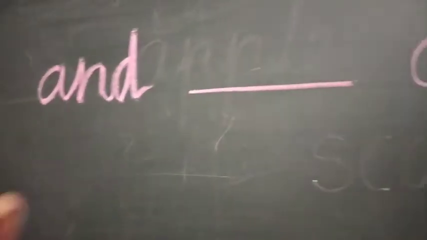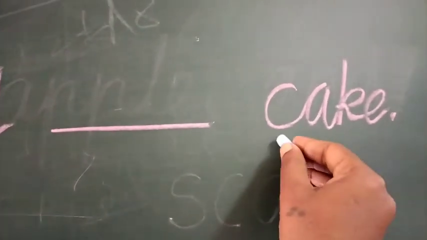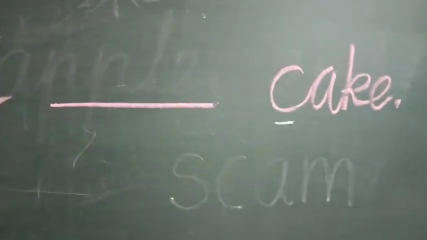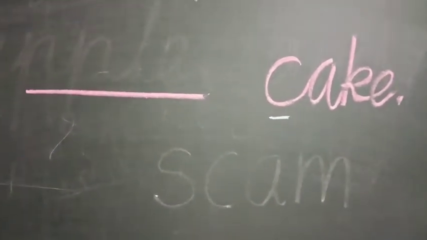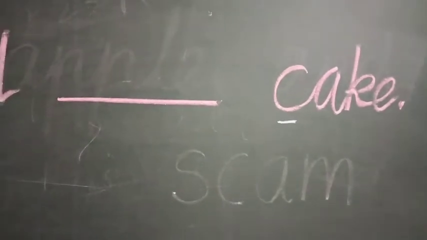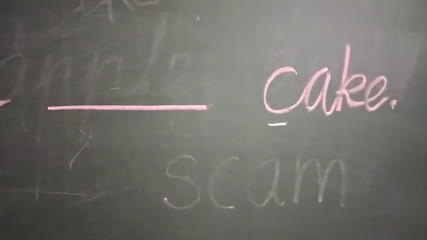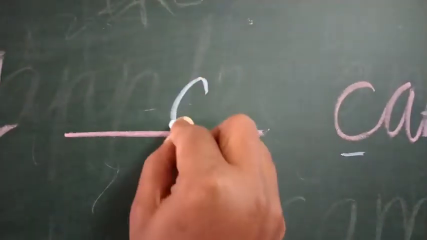And a cake. Say the word cake. Yes. Cake. The beginning sound of the cake starts with the consonant sound. Yes. Consonant sound. So that I can use the word a.